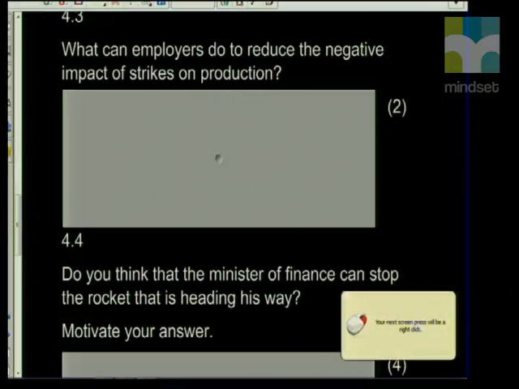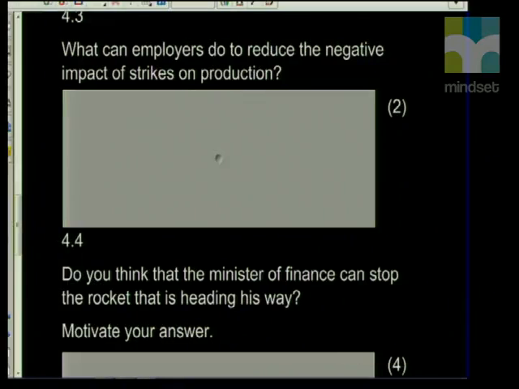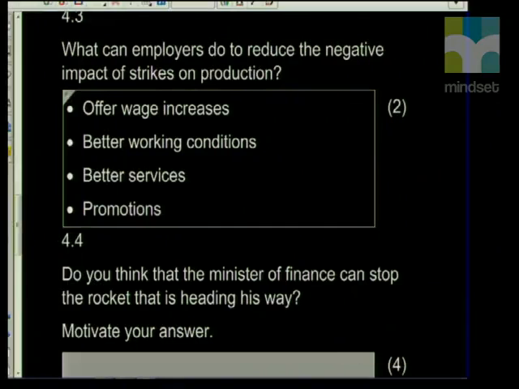What can employers do to reduce the negative impact of strikes on production? Offer a wage increase. Simple. That one is straightforward.